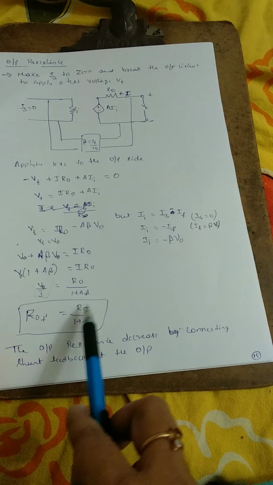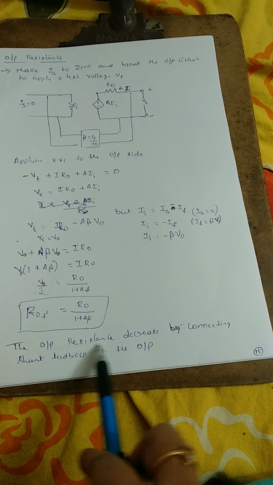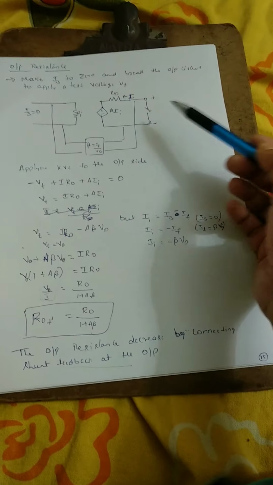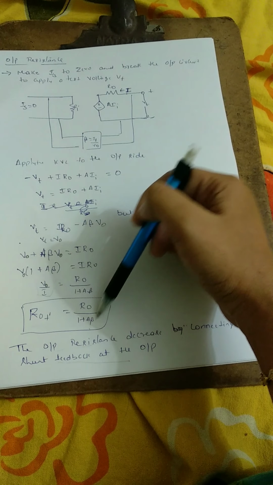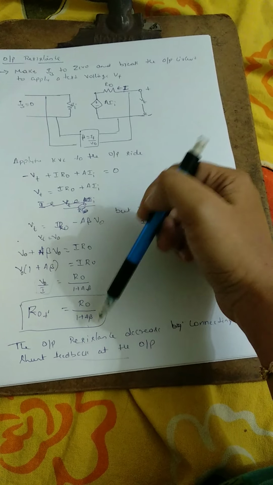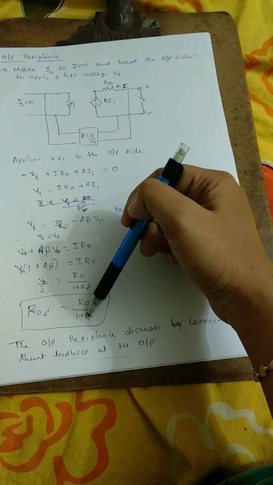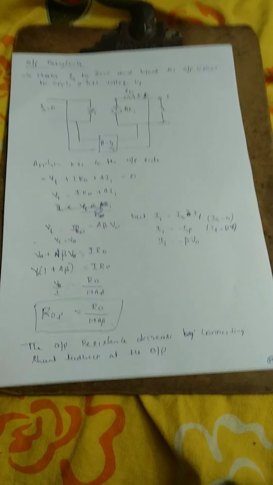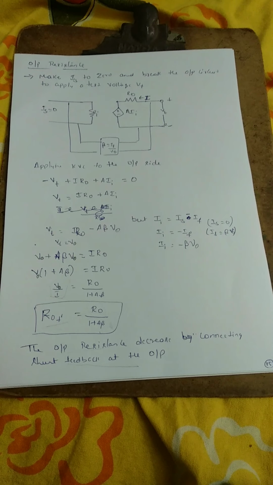So ROF is equal to R0 divided by 1 plus A beta. So the output resistance decreases by connecting the shunt feedback at the output, by 1 plus A beta times R0. Since this is in the denominator, if the feedback beta increases, ROF decreases. So this is all about the transresistance amplifier. Thank you.